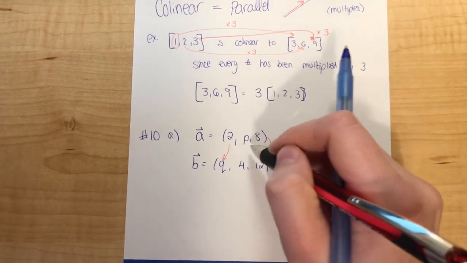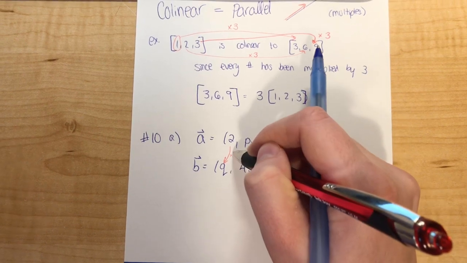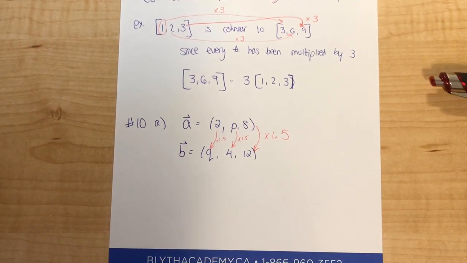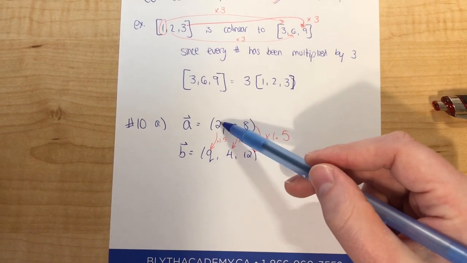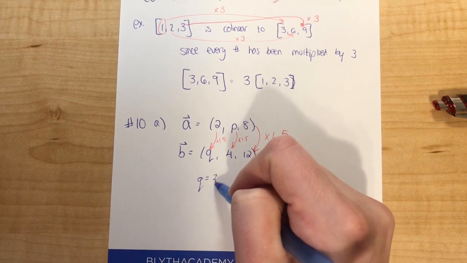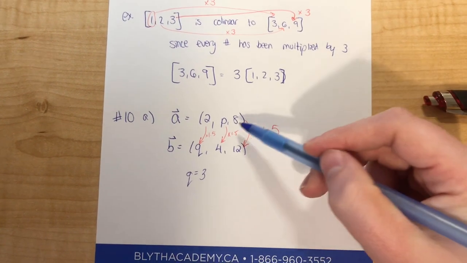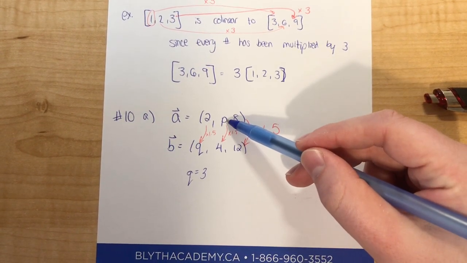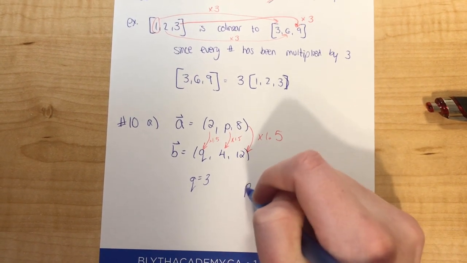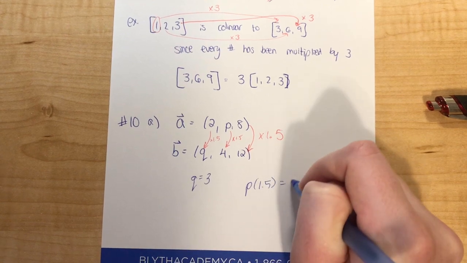So for two things to be collinear or parallel, we've multiplied all the x's, y's, and z's by that same factor. So my q has to be 2 times 1.5. So it tells me q has to be 3. If I go p times 1.5, I should get 4. So maybe I'll write that here. P times 1.5 gives me 4.